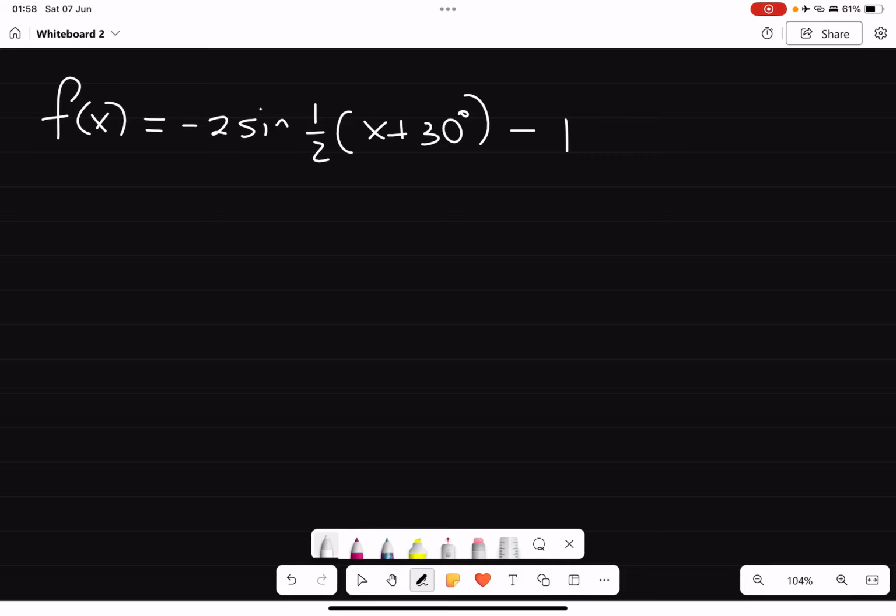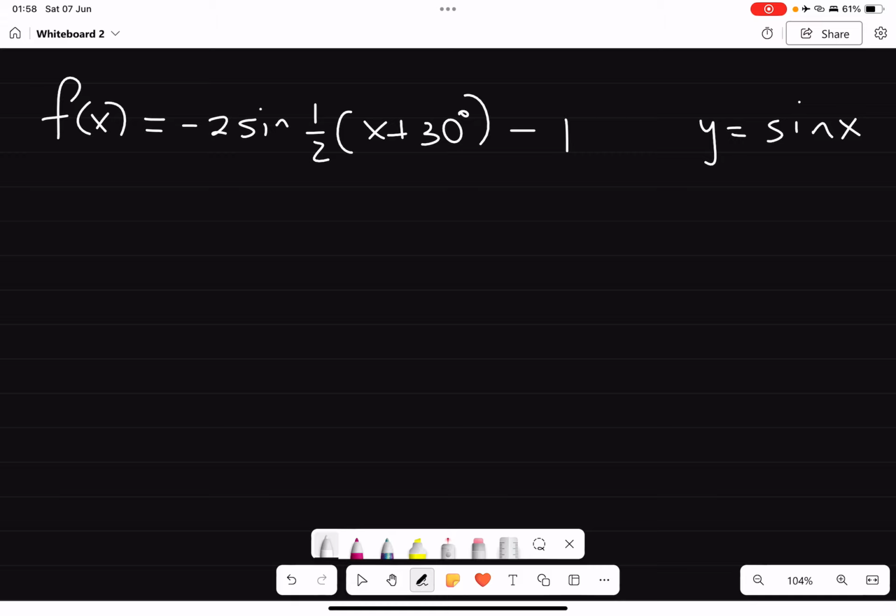And the first question asks me to describe the transformation that happened from the mother graph. Remember, the mother graph would be y equals sine x. So we need to know what happened from the mother graph.